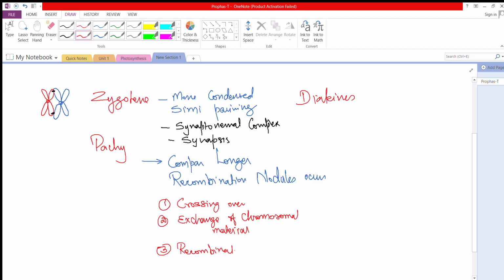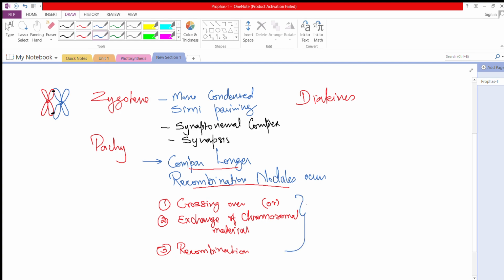And this is the reason for variation out of sexual reproduction. So at pachytene, which is comparatively a longer phase, where recombination nodules occur, because of that, either we can say crossing over, or exchange of chromosomal material, or recombination occurs.